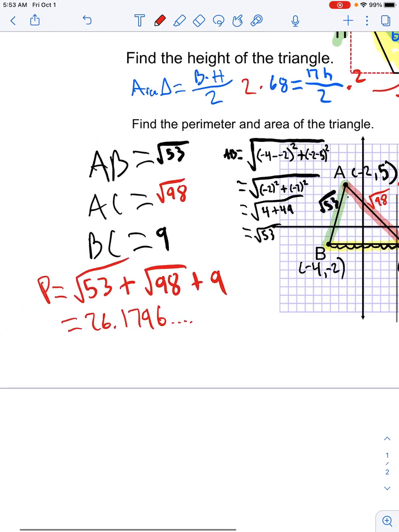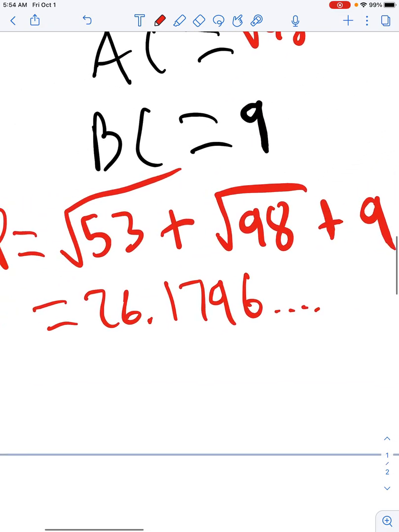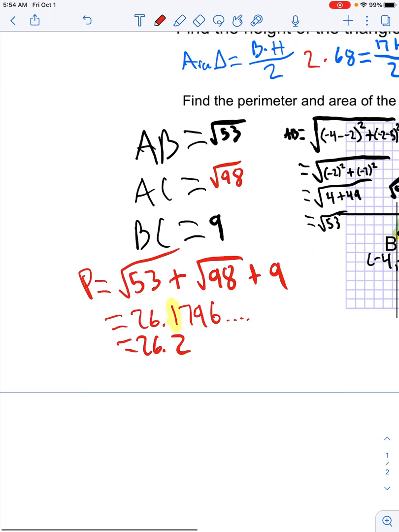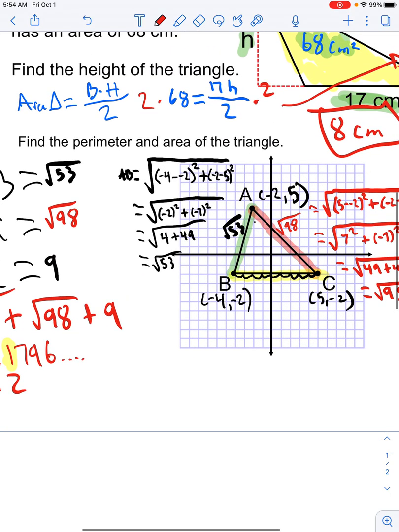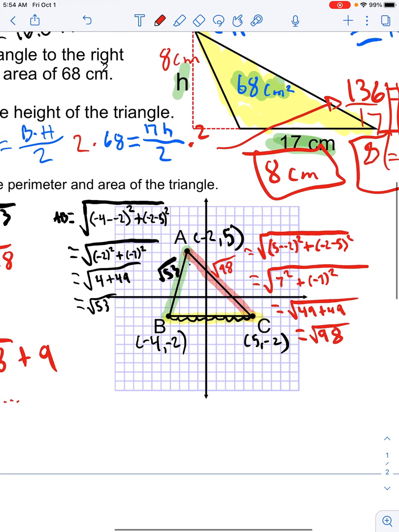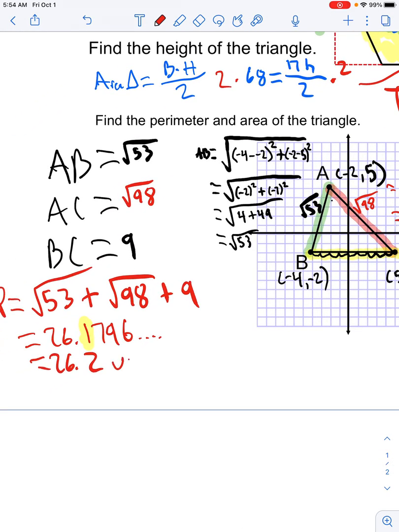I believe we are rounding to the first decimal, or the tenths place. So I have to look at the number after the 1. It's a 2, so that tells me I can round this to 26.2. And we don't have a label, so I'm just going to say units.